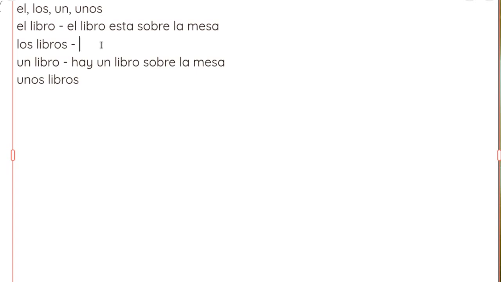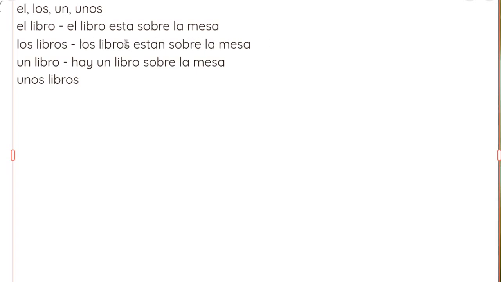So, here, los libros. We're going to take the same, but the in plural, right? Los libros están sobre la mesa. Okay. Los libros están sobre la mesa.